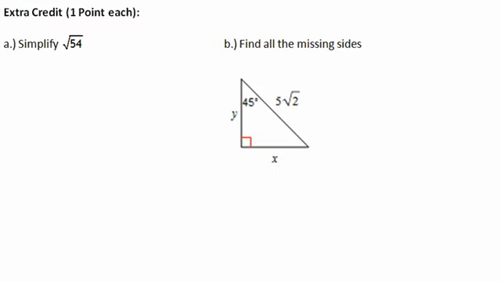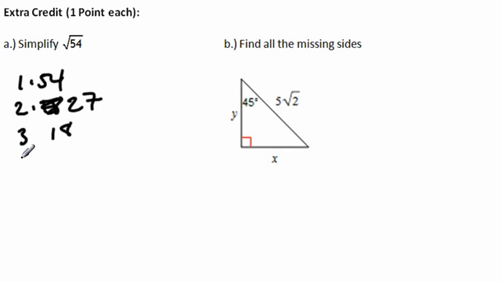All right, so now here we are at the last problem, the extra credit problems. We want to simplify the square root of 54, so we look at the factors, which are 1 times 54, 2 times 27, 3 times 18, 4 doesn't go into it, 5 doesn't go into it, 6 and 9.